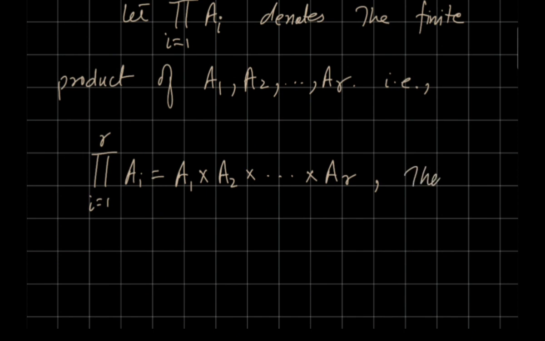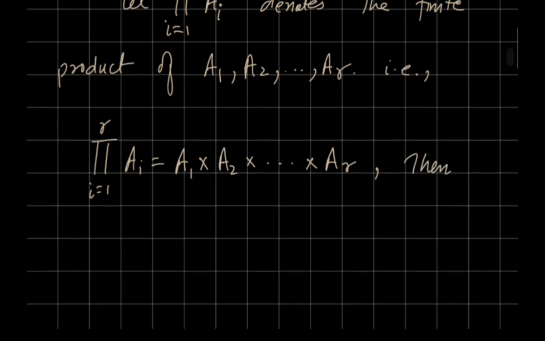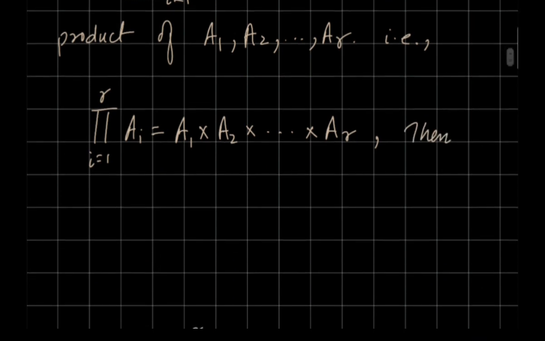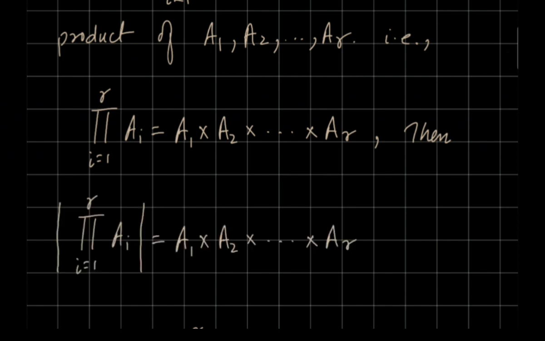Then the product rule of counting or multiplication principle says that the cardinality of the product is the same as the product of their cardinalities.